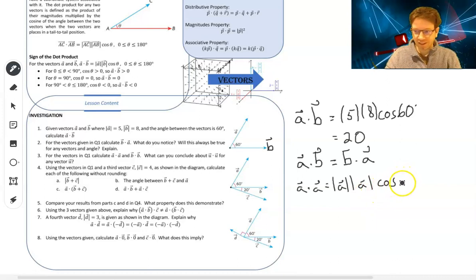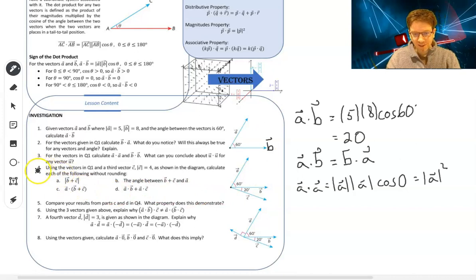They're right on top of each other. So the angle between them is 0, and the cos of 0 is 1. So we're just left with the magnitude squared. And that property I have right up here as the magnitudes property. And that'll be true for any vector. Any vector which you take the dot product of itself just gives you its magnitude squared.